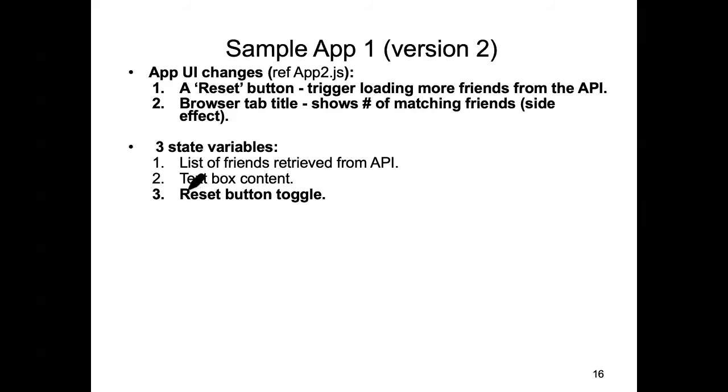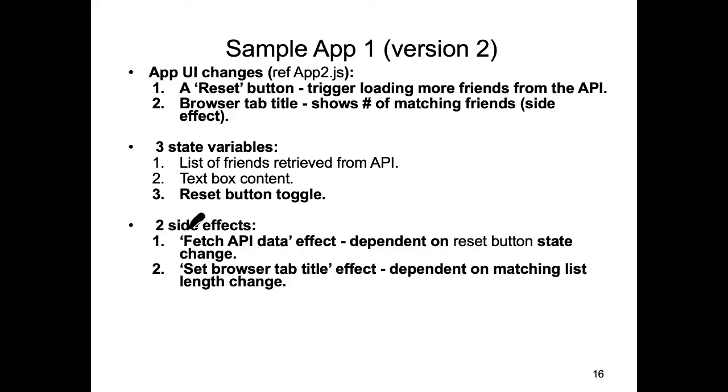The state variable representing the toggling of the button is just going to be a Boolean, and it just goes from true, false, true, false. If it changes from true to false, then I want something to change in what's displayed on the screen. And even if it goes from false to true, then I want something to change as well.